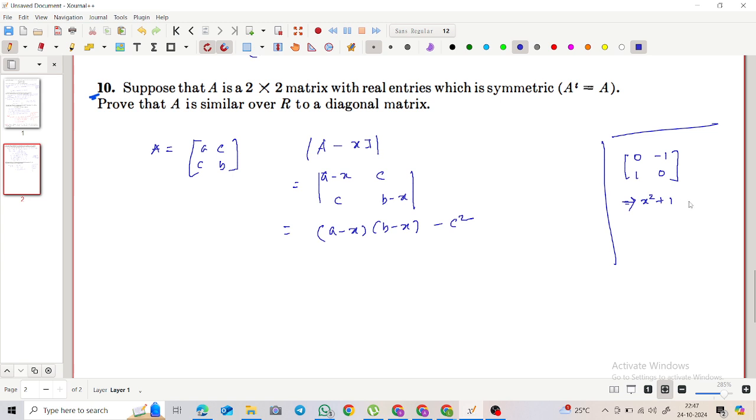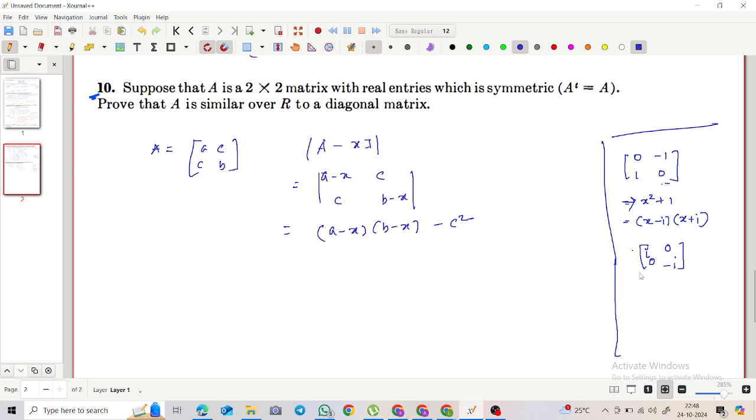So it has no eigenvalue over R. X square plus 1 doesn't split over R, but it splits over C. So this matrix is similar to the matrix with i and minus i on the diagonal. Right? Over C.